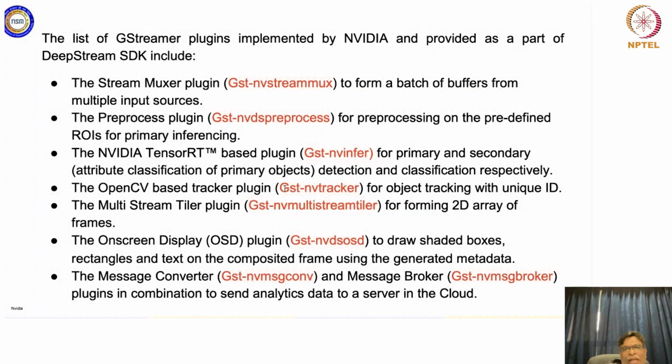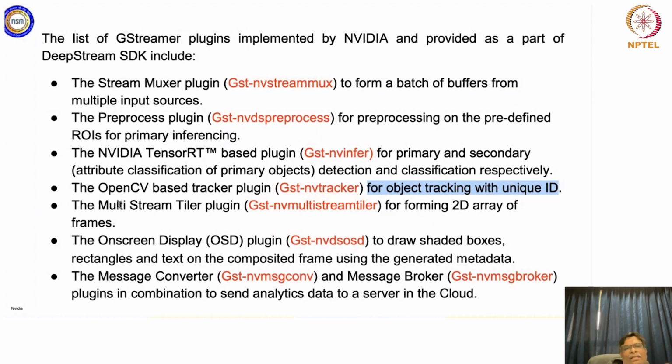Now, then there is something called GStreamer NV Tracker. So it's a plugin again, which will help you to work with OpenCV, and which helps you to do object tracking with a unique ID. So you are using OpenCV for tracking, and then you are generating a unique ID.